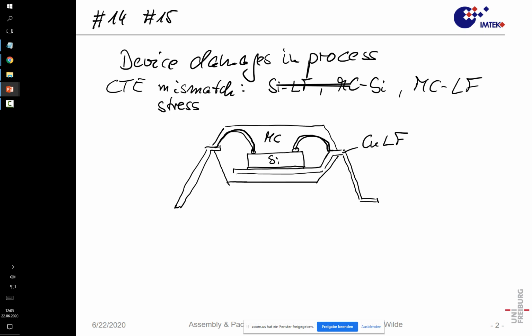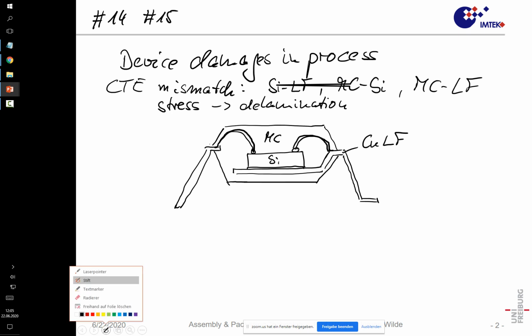And stress can lead, for instance, to delamination. What is the second important phenomenon which is a condition for popcorning?